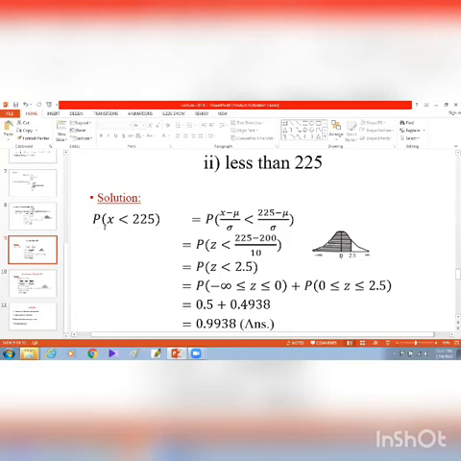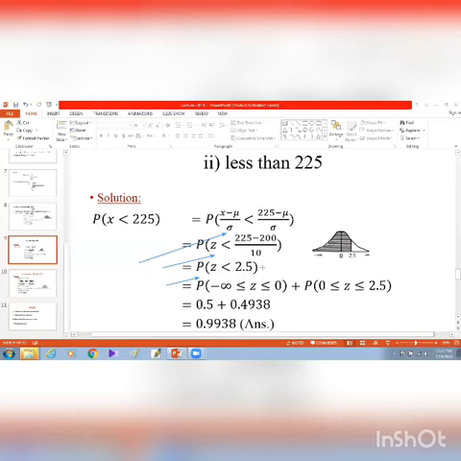So probability of x less than 225 is probability of x minus mu divided by sigma less than 225 minus mu divided by sigma, where x minus mu divided by sigma equals z, mu equals 200, sigma equals 10. This implies probability of z less than 225 minus 200 divided by 10, which is probability of z less than 2.5.